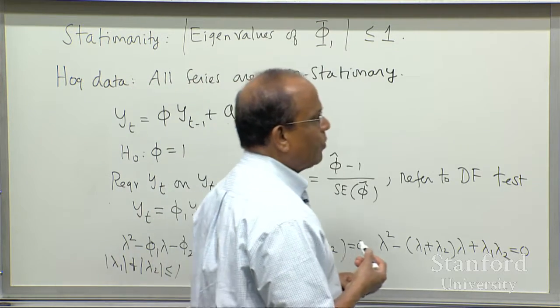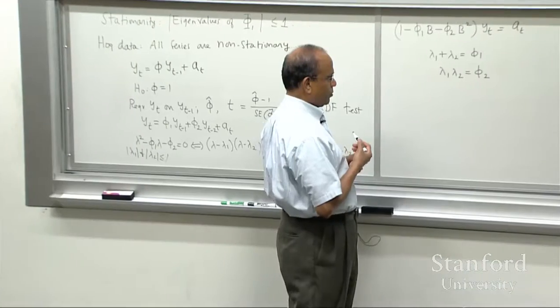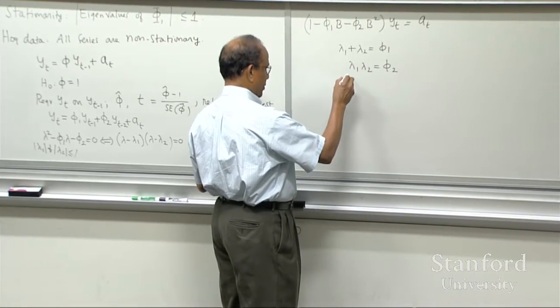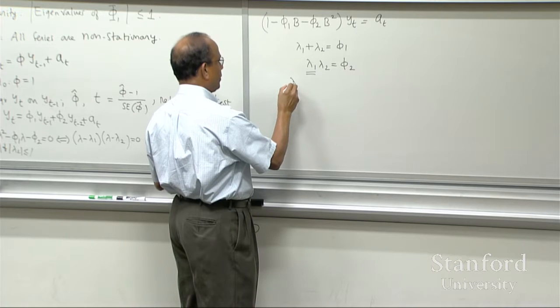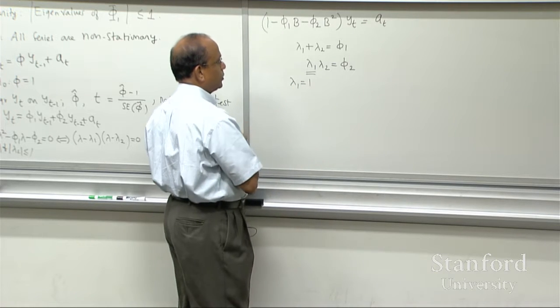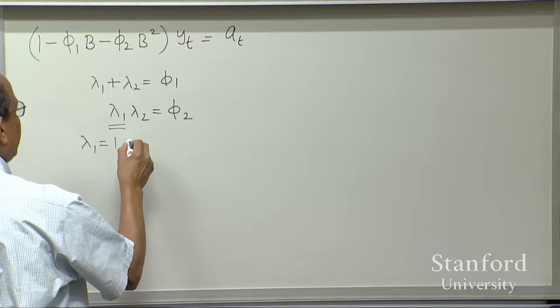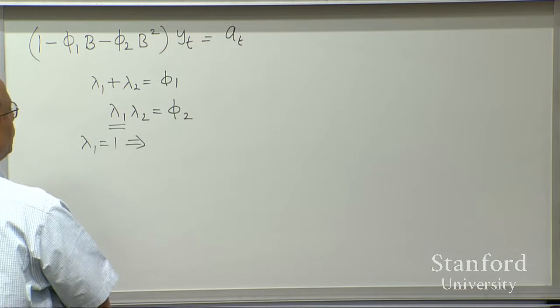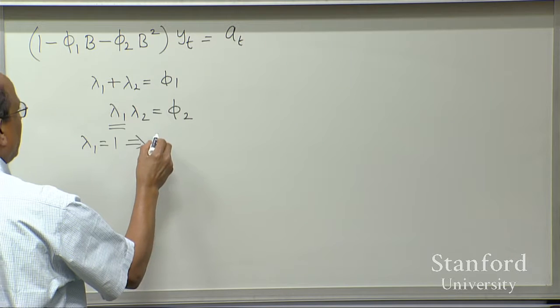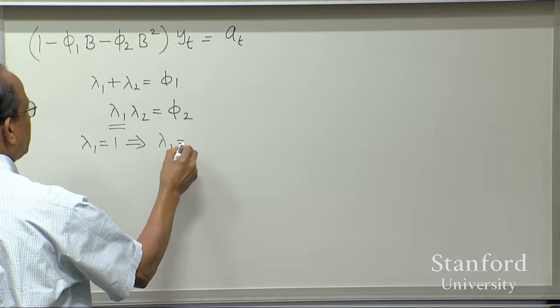Okay. So if you want to test whether one of the roots is equal to 1, essentially you can say that lambda 1 is equal to 1. If that is the case, you can see from here lambda 2 is equal to pi 2.